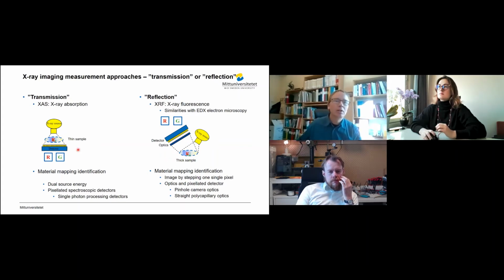But the transmission image is usually referred to as XAS, or X-ray absorption. In this view here, I have some red and some green parts of the sample, and you want to image it, and you need a spectroscopic detector so that you can resolve the different parts differently.